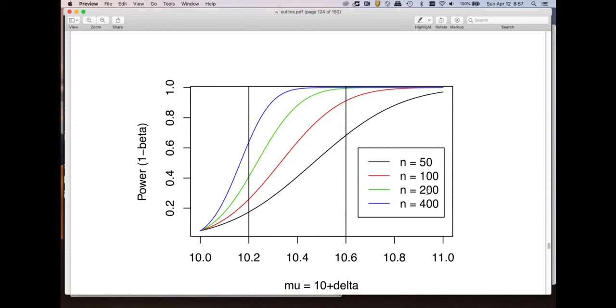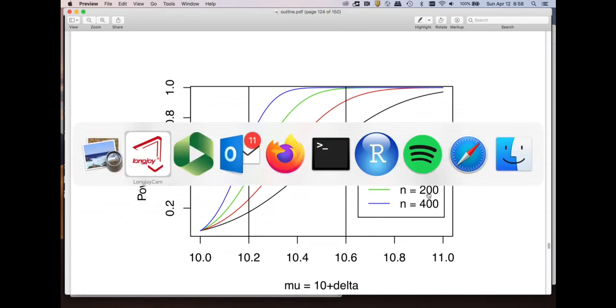You can see with a sample size of 200 or 400, I'm almost certain to reject the null hypothesis because the difference between the reference value and the true mean, 10.6, is so large that I almost can't help but reject the null hypothesis with a sample of size 200 or more.